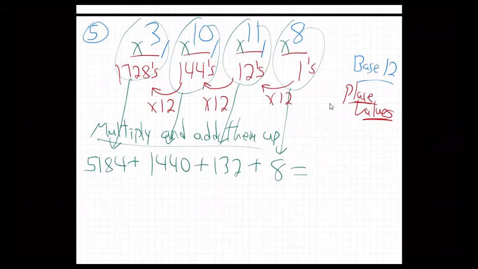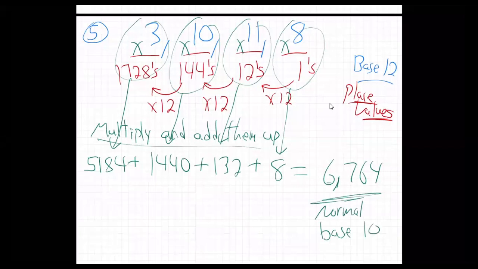This would be the number, like I got 6,764. There we go. This is the normal base 10 number.